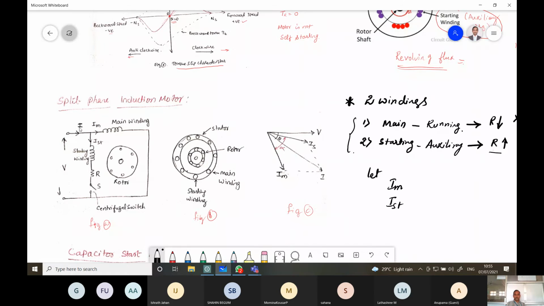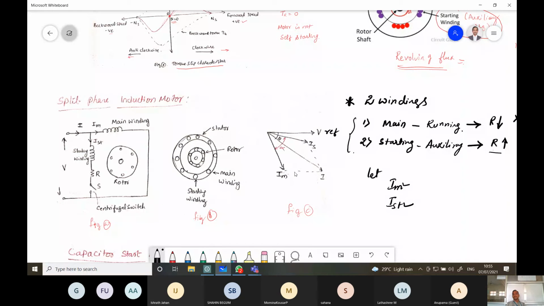The total current I is divided into two parts, IM and IST. Now we take the voltage vector as the reference. The starting current flowing through the starting winding lags behind the supply voltage V, so this is called IS.